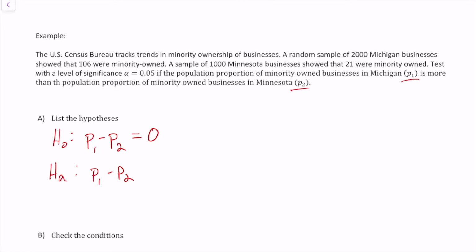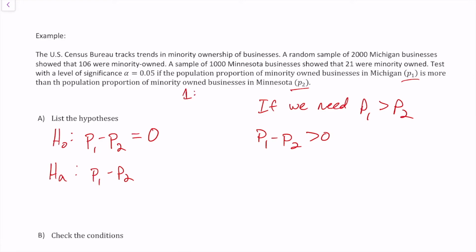So, if we need P1 to be more than P2, that means the difference, P1 minus P2, needs to be greater than 0. That's what this means. If I'm subtracting P1 minus P2, and 1 is Michigan and 2 is Minnesota, let's make that distinction as well.